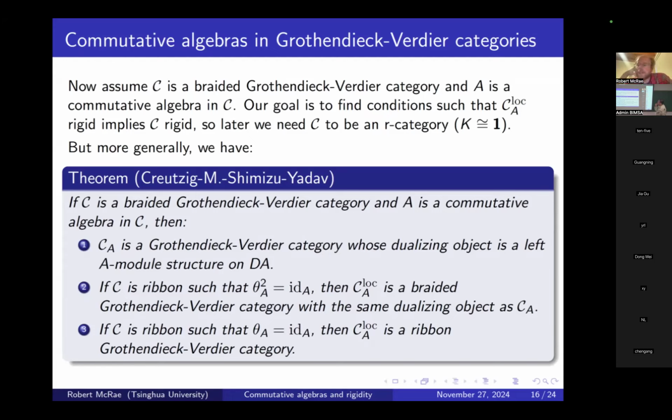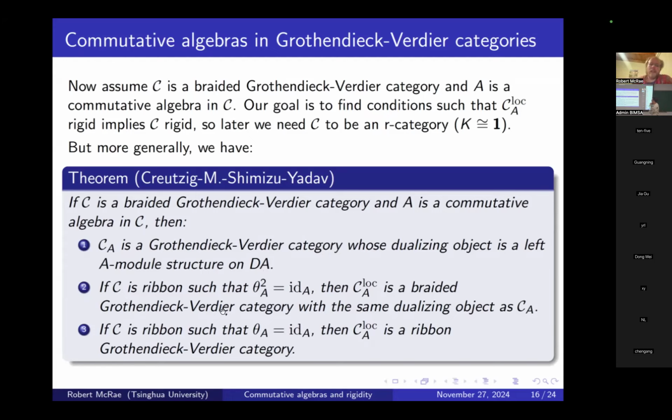If I twist the K by an invertible object, then this data, it won't change this statement, right? So of course, if you change the dualizing object of C by an invertible object, that will change the dualizing object of dA.